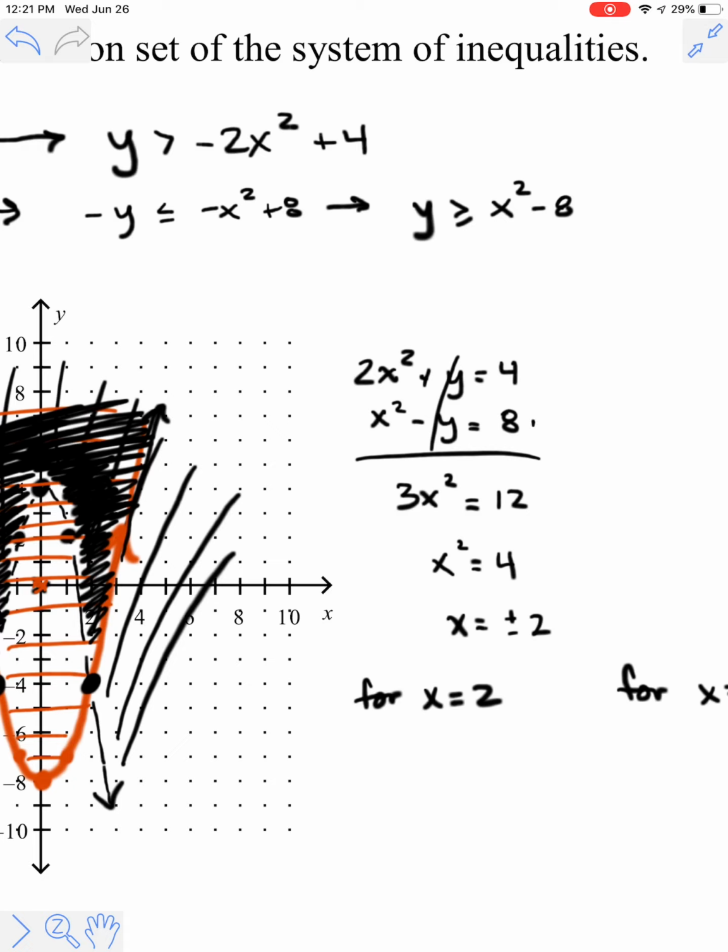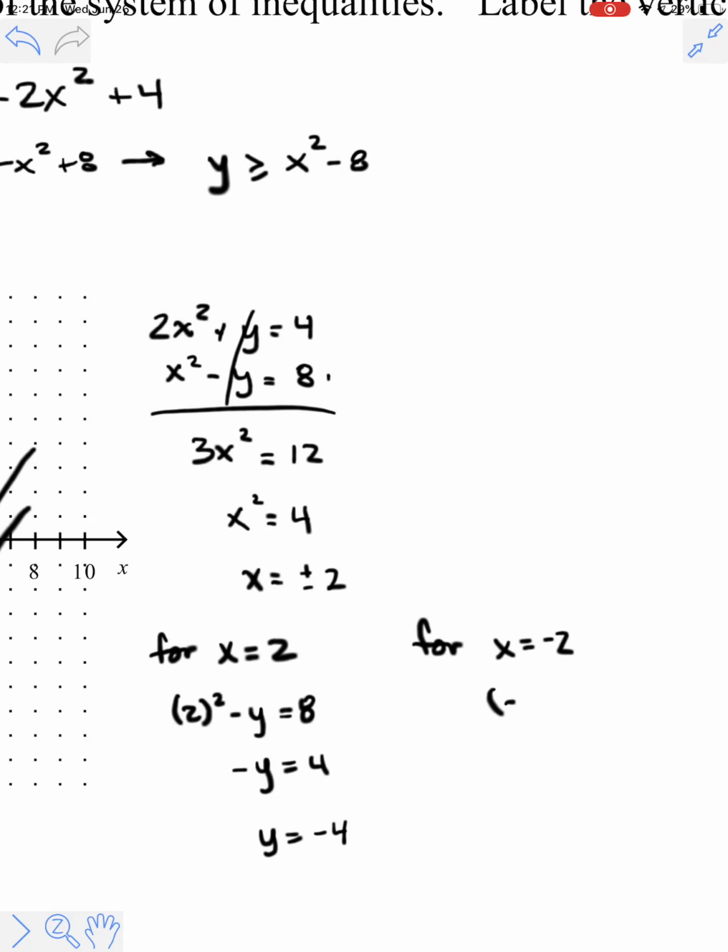So I'm going to use that bottom equation. So when x equals 2, I'm going to get 2 squared minus y equals 8. So y equals negative 4. If we do it for negative 2, I get negative 2 squared minus y equals 8, which means same thing, y equals negative 4.